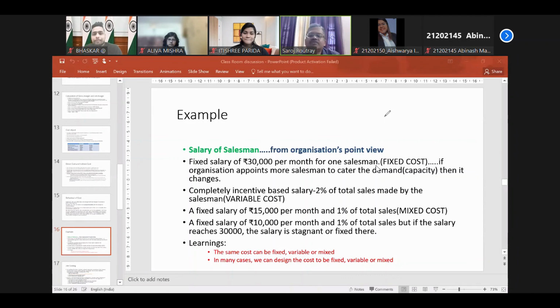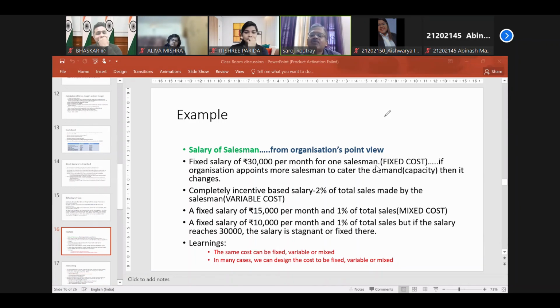Those who have some work experience as a salesperson will definitely be able to tell you. So I want to instigate in you that salesperson, that businessman, who will design my cost in a manner that gives me the maximum benefit.